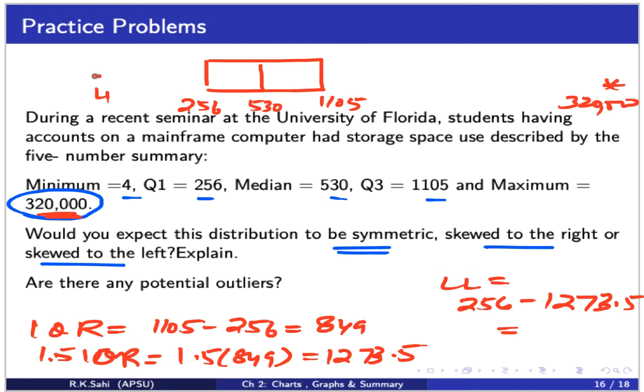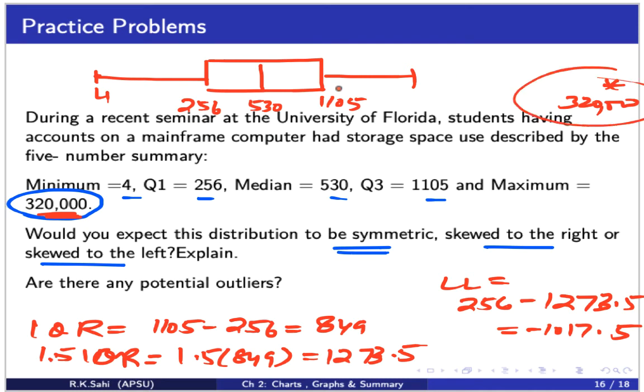Definitely 4 is way ahead. So this is basically like the whisker on this. Now here we don't know what is going to be the whisker, so I just simply go ahead and make this one here. The answer is minus 1017.5. Okay, so 4 is not a potential outlier, but 320,000 definitely is.